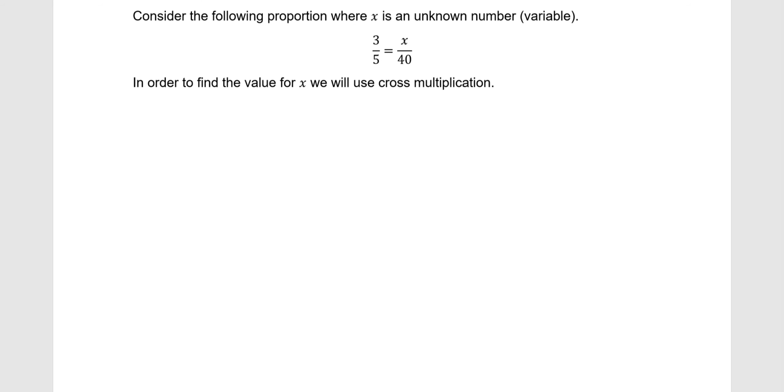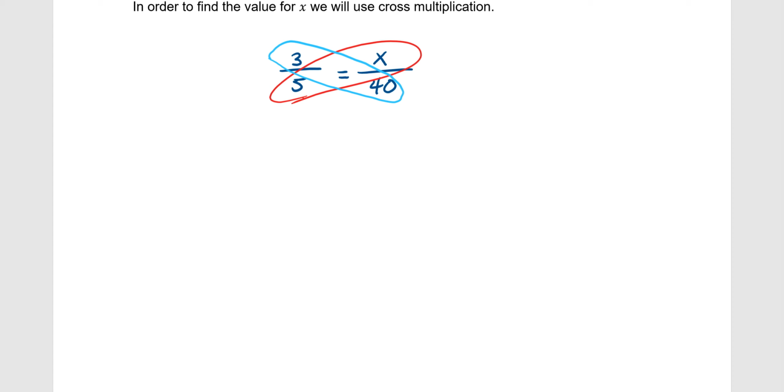So I'm just going to rewrite the problem here. So we cross multiply, we do x times 5, and then we do 3 times the 40. So setting this up, we get 5 times the x. So when we're writing a number times a variable, just write the number first. So 5x means 5 times x, and that's going to be equals 3 times 40.